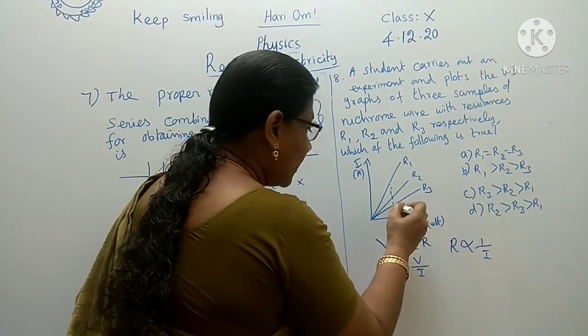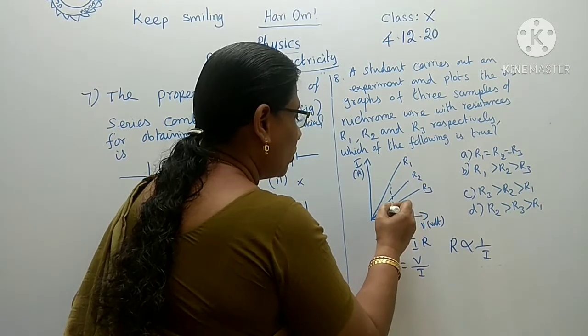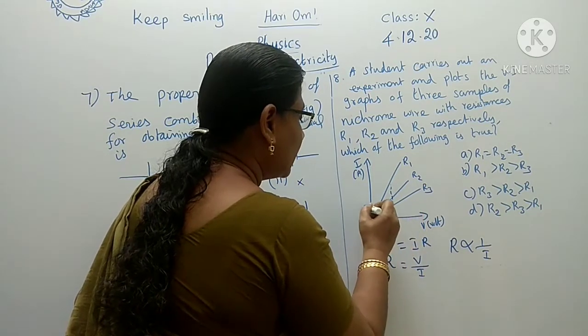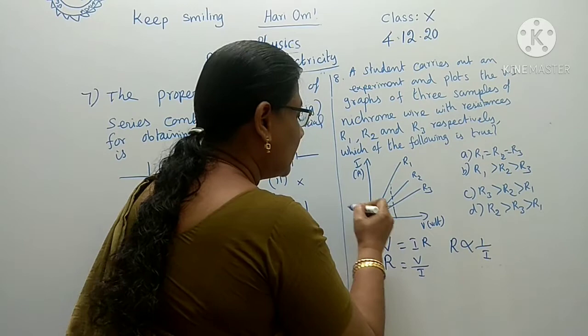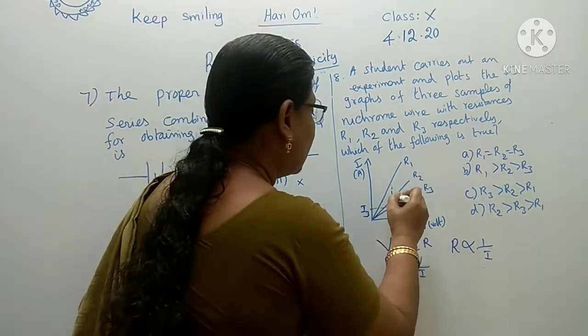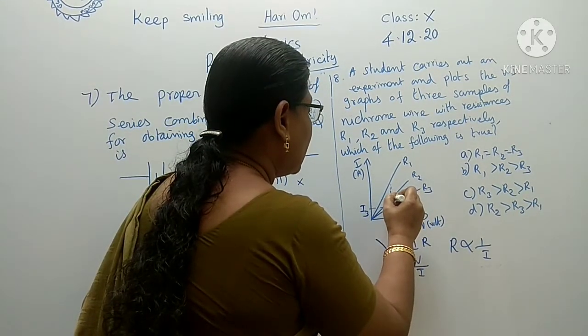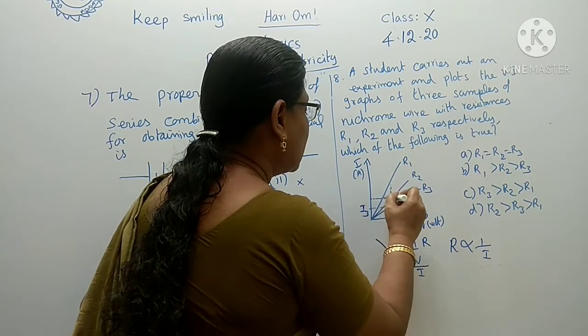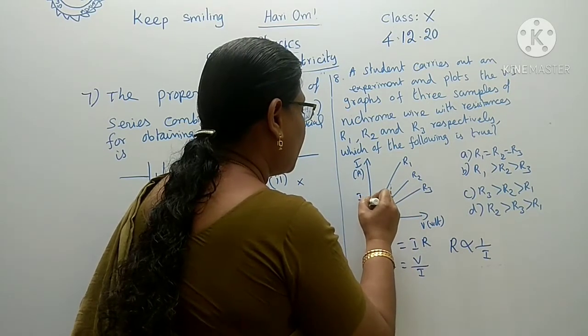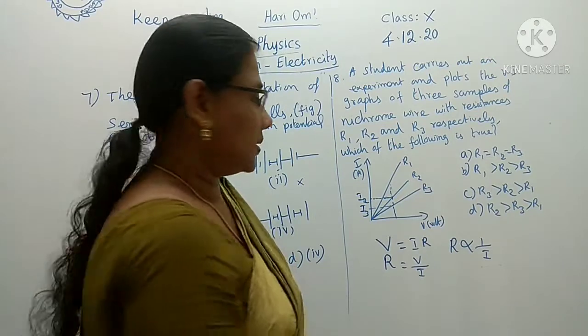From this we can draw the line perpendicular to the y-axis. It gives the current through the third resistance. Then here also we can draw the line perpendicular to the y-axis, and it gives the current flowing through the second resistor.